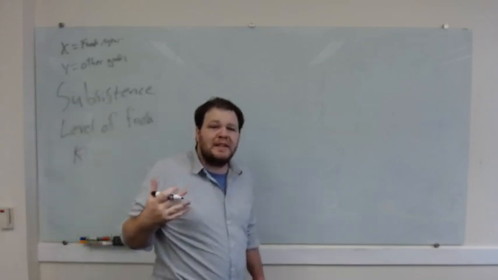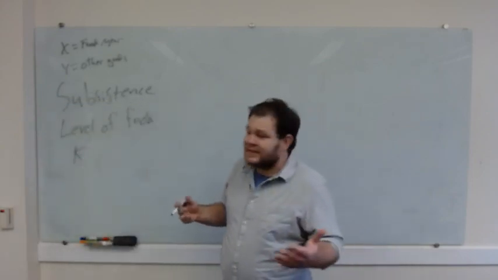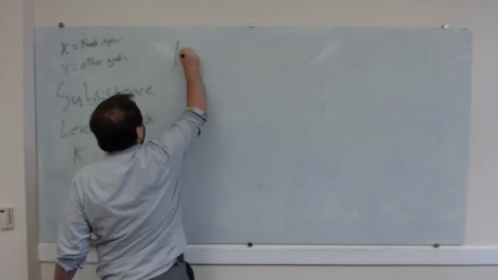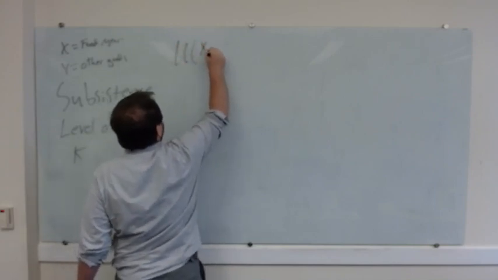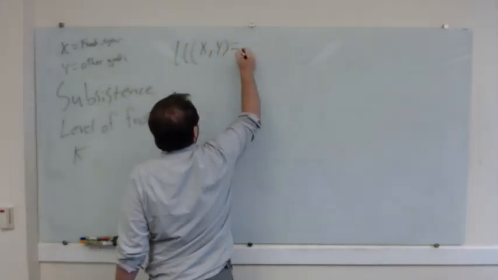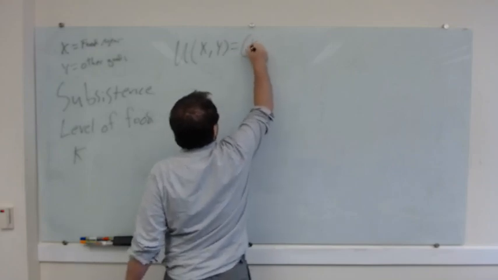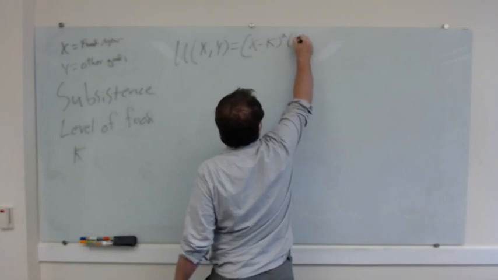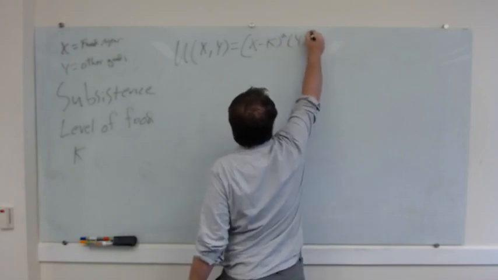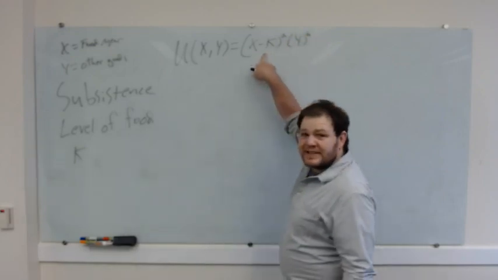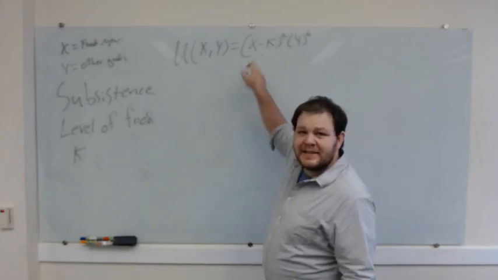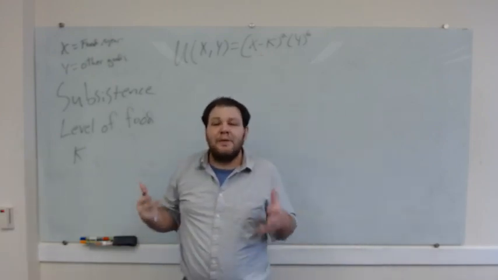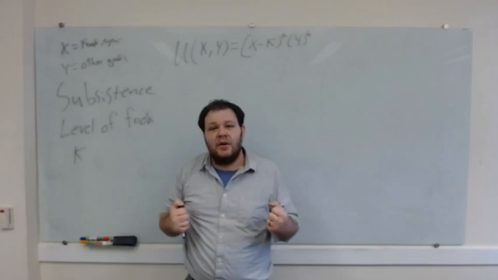So how are we going to build this into our function? Well, essentially what we'll say is that our utility function with respect to x and y is going to be x minus k to the a times y to the b. And what this x minus k does is it means that we're going to hit 0 utility if we have x equal or less than k. Right?